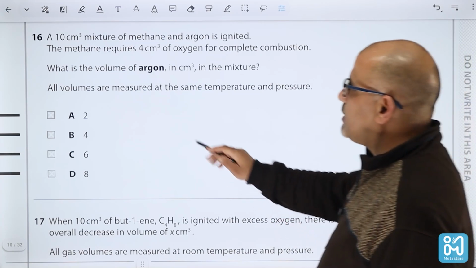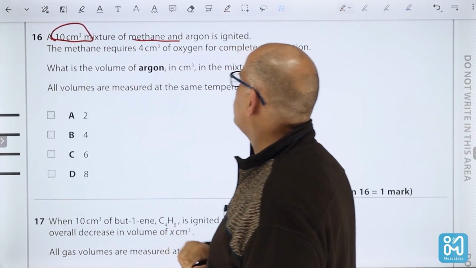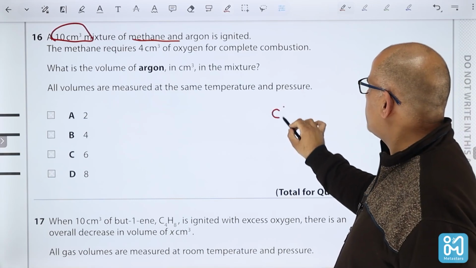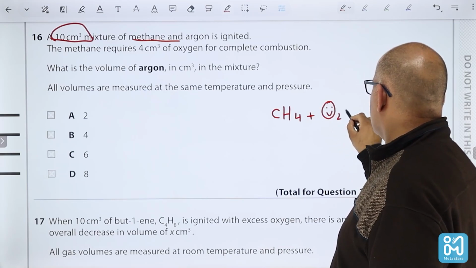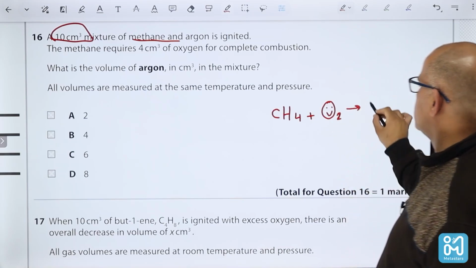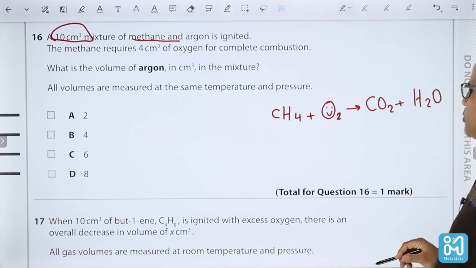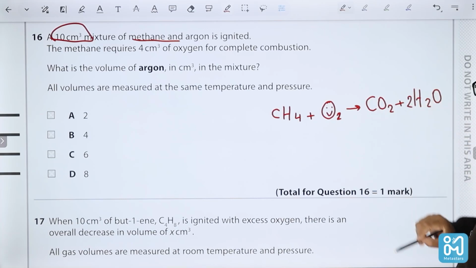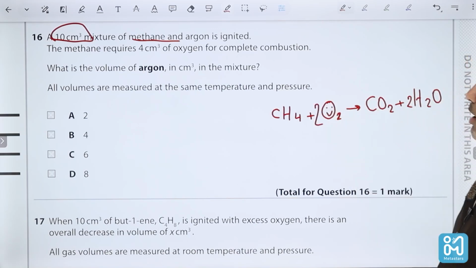Look, first of all, you have methane, which is the organic compound, and you shall write the equation. Methane reacts with oxygen to form CO2 plus H2O. Let us balance the equation: we have 2 multiplied by 2 for water, giving 4 hydrogens, and we have 2 oxygens. The methane requires 4 cubic centimeters of oxygen for complete combustion.